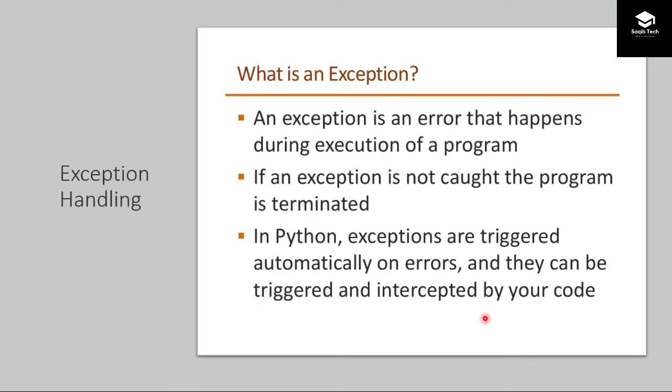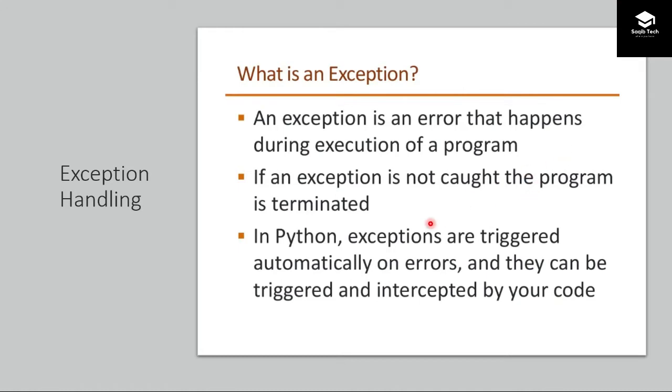First of all, what we should know is what an exception is. Basically, an exception is an error in a program. When you are running a program, you will sometimes get an error. You must have seen in my previous video, sometimes I got some error. We use exception handling to handle those errors. If an exception is not caught, the program is terminated.